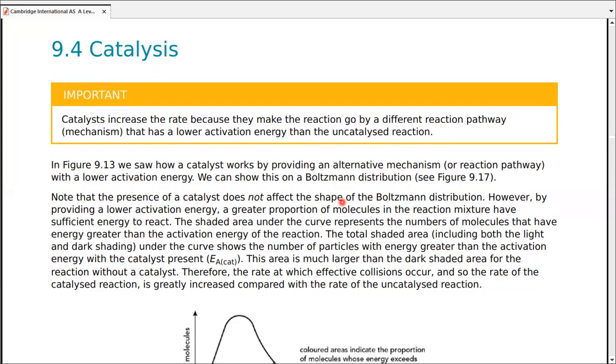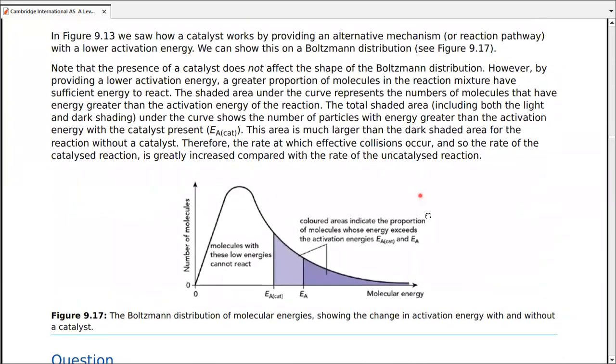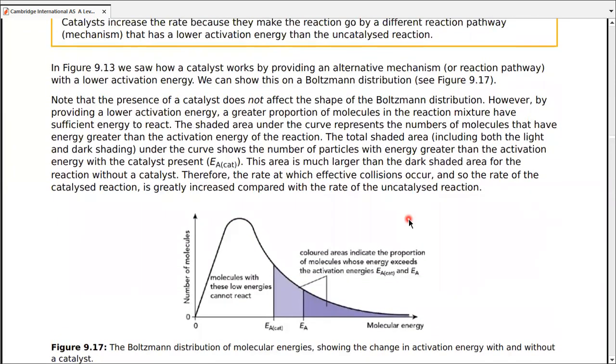Now, if we talk again about the Boltzmann distribution curve, and we discuss the effect of using a catalyst as compared to an uncatalyzed reaction, this is how we're going to look at it. Now this is very much different to what happened with temperature. Temperature was trying to flatten the curve, giving us more molecules over there.